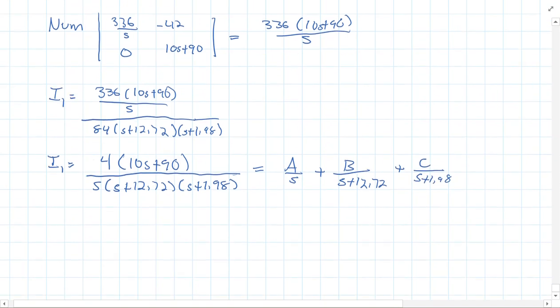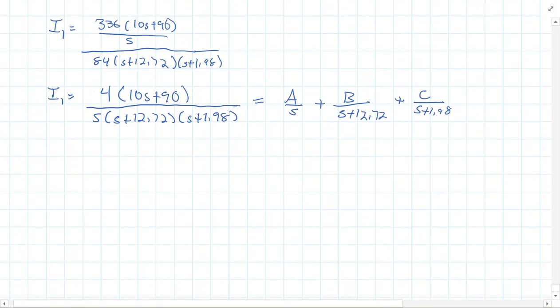So now we just have to finish this problem out with partial fraction expansion.